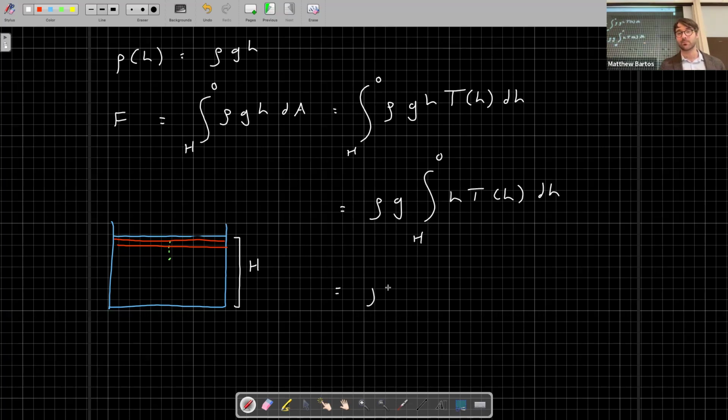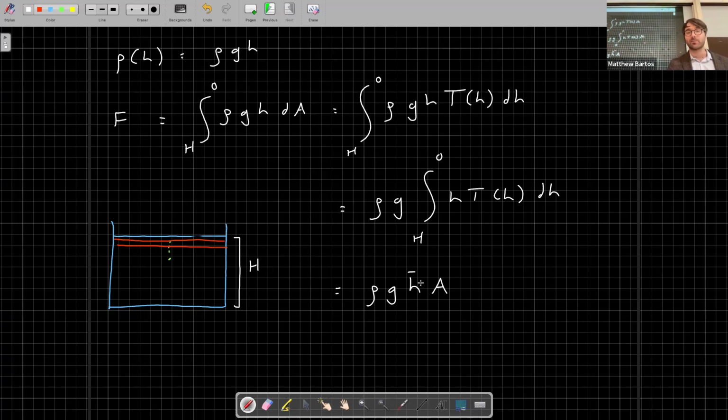This would give us rho times g times the centroidal depth times the area. Note that this whole expression, the integral of H T(H) dH, would be the centroid times the area, just from the definition of the centroid.